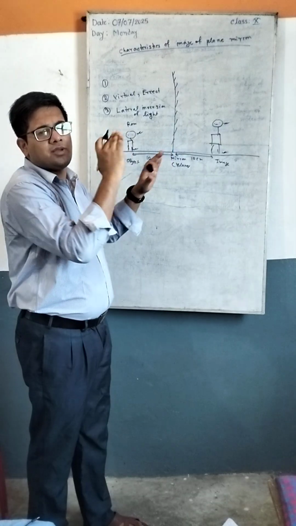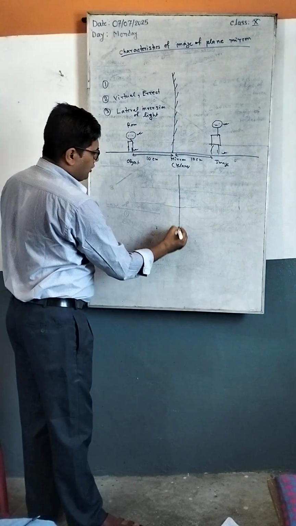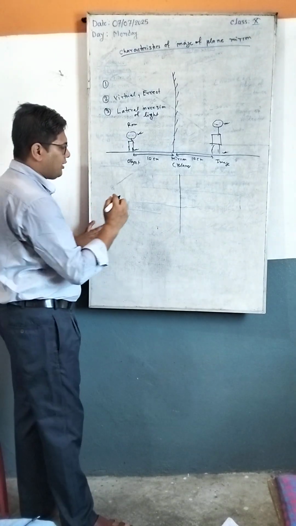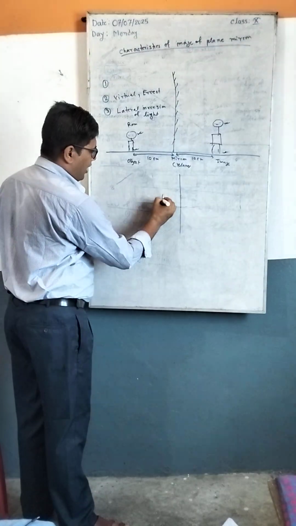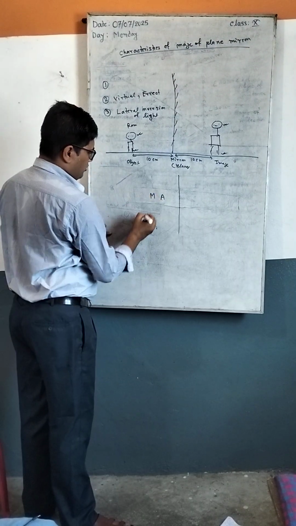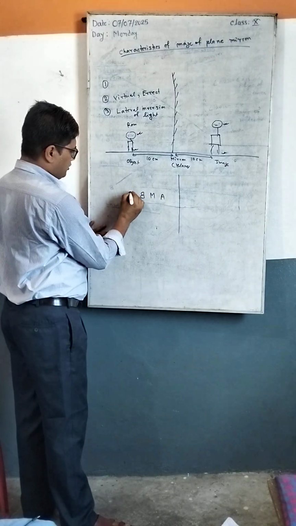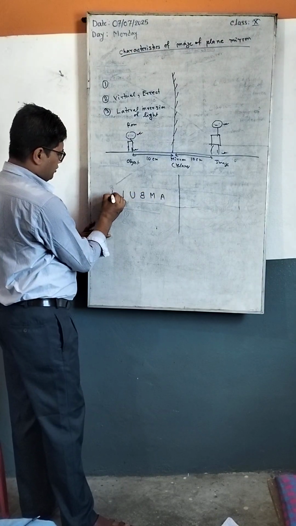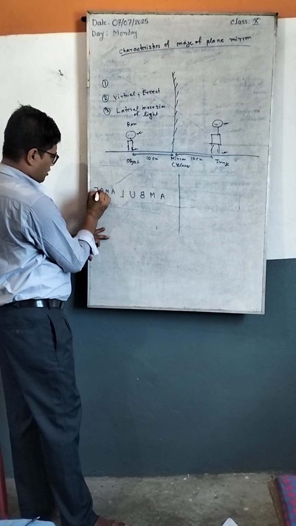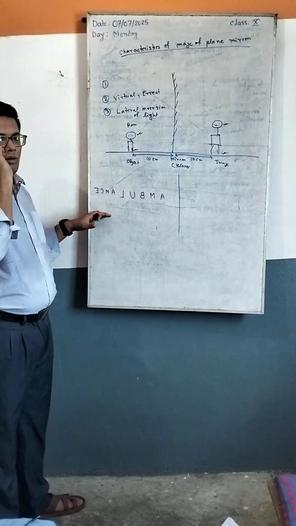When the image forms, it is always inverted sideways. Suppose you see how ambulance is written on the car.